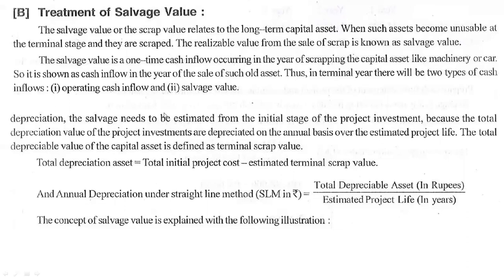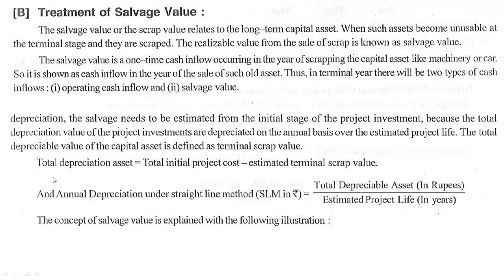Secondly, we have to study the treatment of salvage values. Salvage value means the value which can be obtained from scrap materials. So scrap materials also contain a good amount that can play an important role in the cash inflow and outflow.